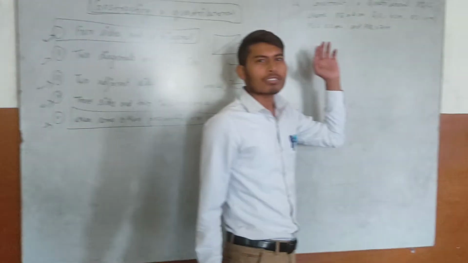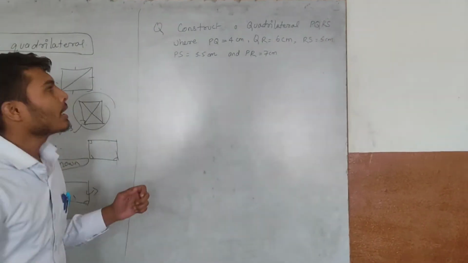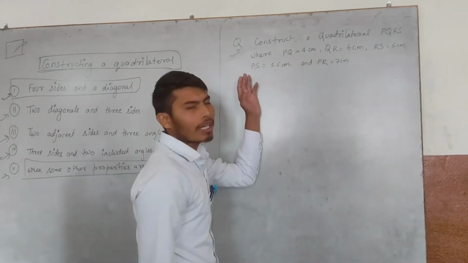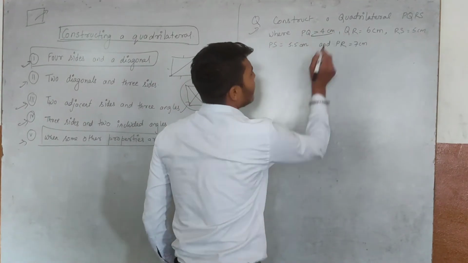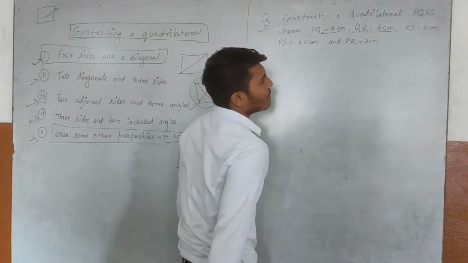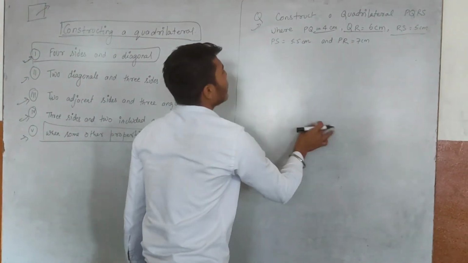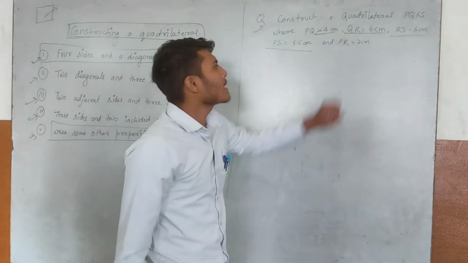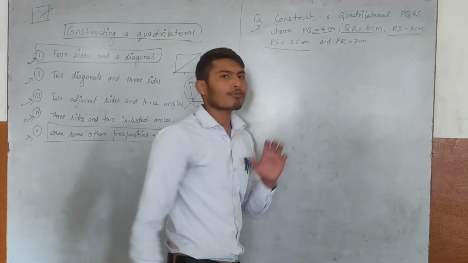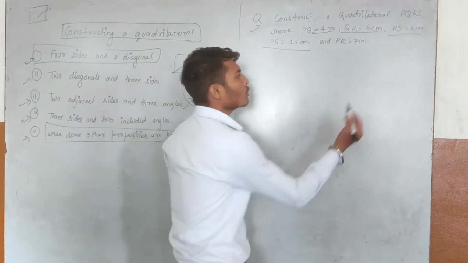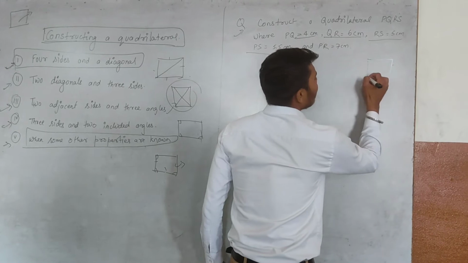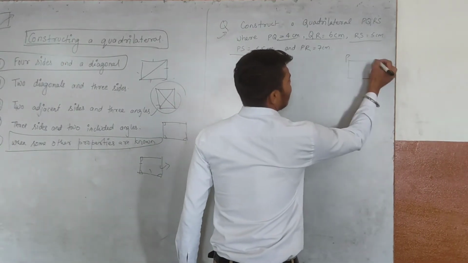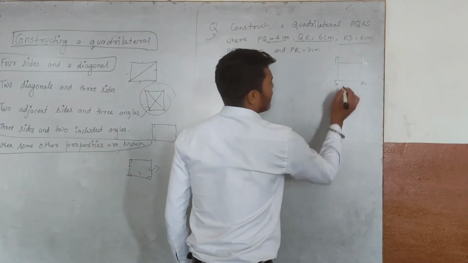Here we have an example: construct a quadrilateral PQRS where PQ is 4 cm, QR is 6 cm, RS is 5 cm, PS is 5.5 cm and PR is 7 cm. First of all, we have to draw a rough diagram of any shape of the quadrilateral and simply name it PQRS.